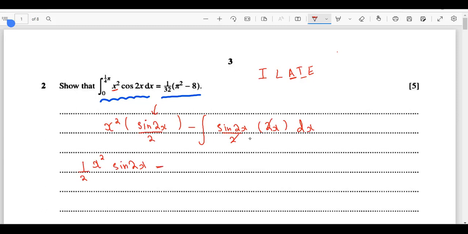Now this is again an integration that has a trigonometric function and an algebraic function. Again, I would be using the same rule, by parts. Inverse is coming first, so I would take this as the first function. So first is going to stay as it is, and now I need to integrate sine 2x. So the integration of sine 2x is negative 1 by 2 cos 2x.